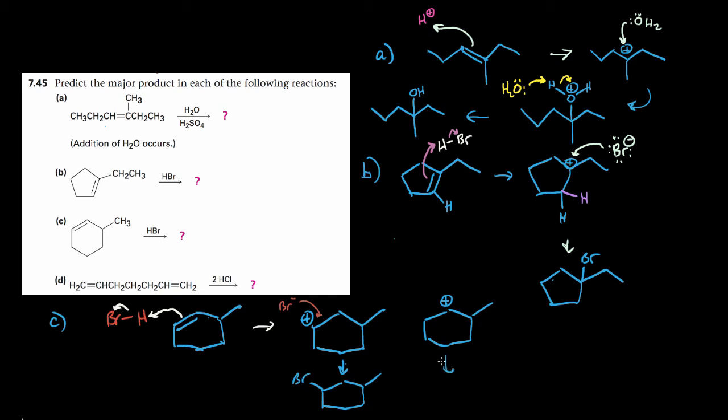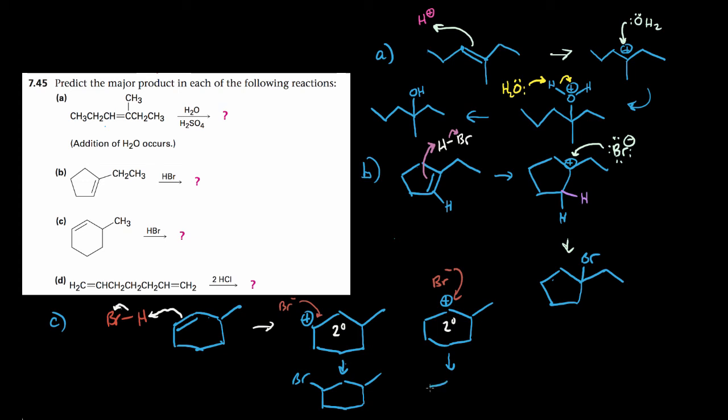If the bromide adds to this other carbocation, another secondary carbocation, both have relatively the same stability, and therefore are equally likely to form under these conditions.